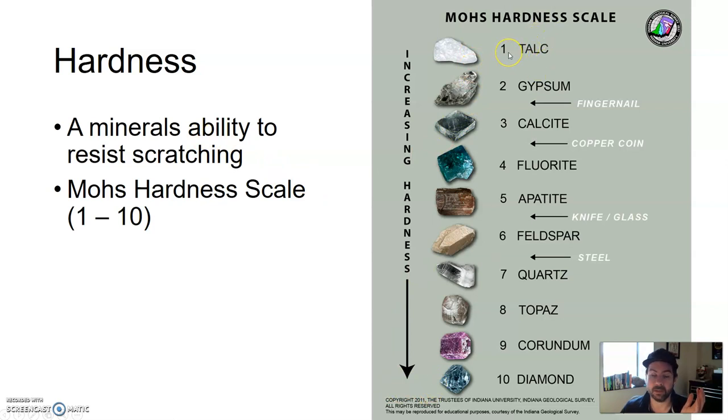So if a mineral is low on what's known as the Mohs hardness scale, closer to a 1, that's a very soft mineral. You could probably take your fingernail and scratch it. Whereas the opposite end of the Mohs hardness scale, 10, in this case would be a diamond. Diamond is the hardest mineral we know of on Earth. Nothing can scratch a diamond except another diamond. So therefore, a diamond can scratch everything.